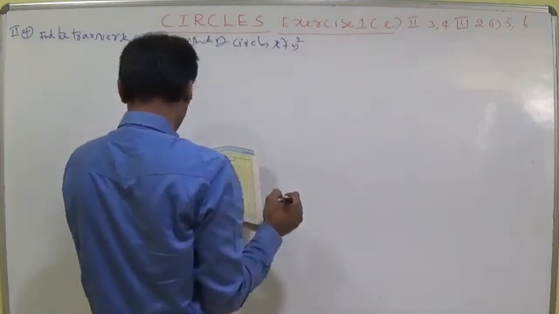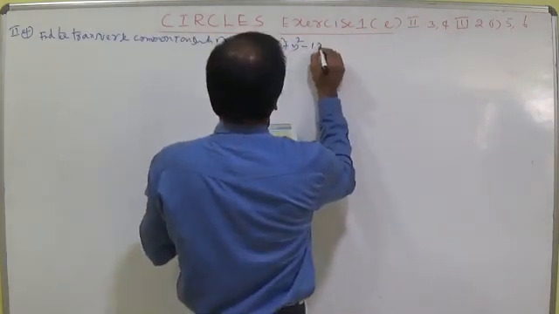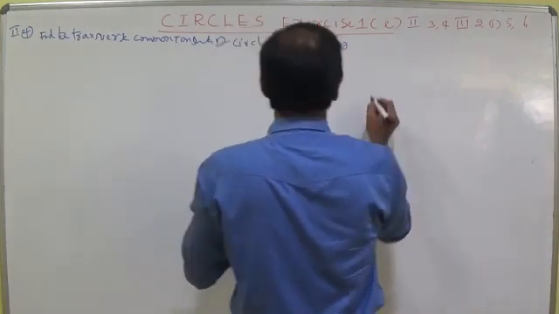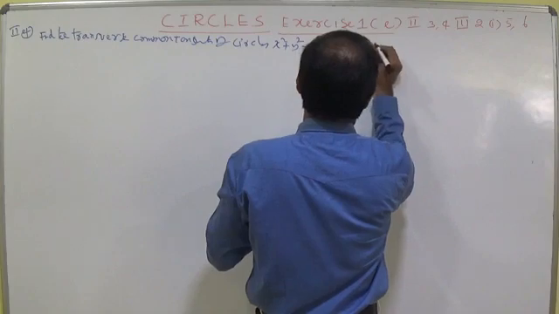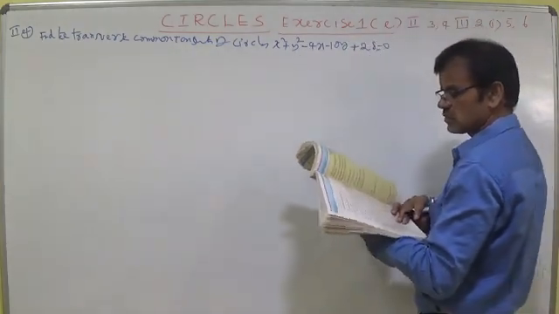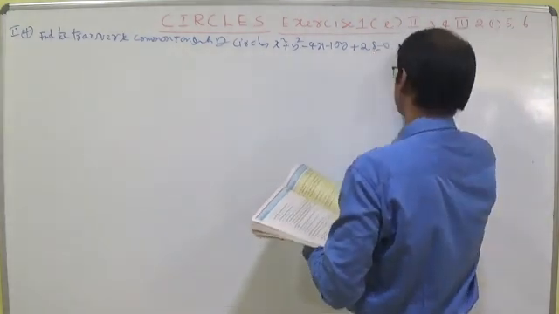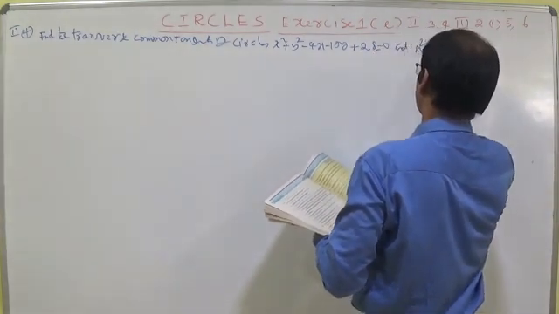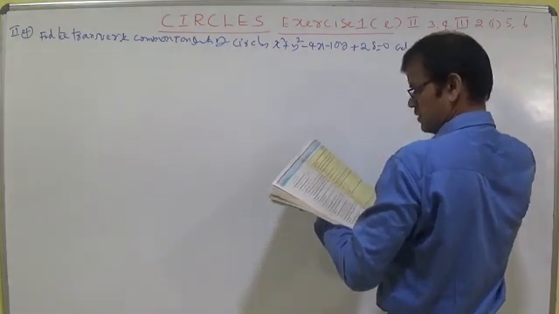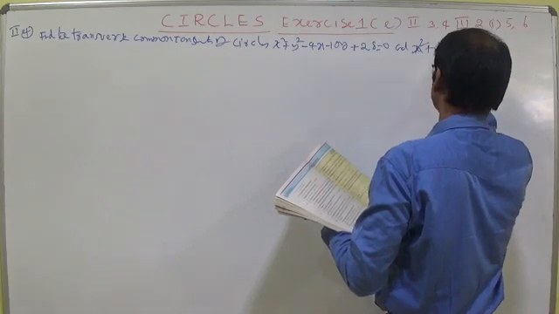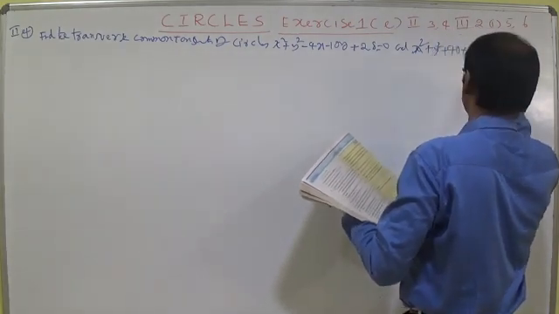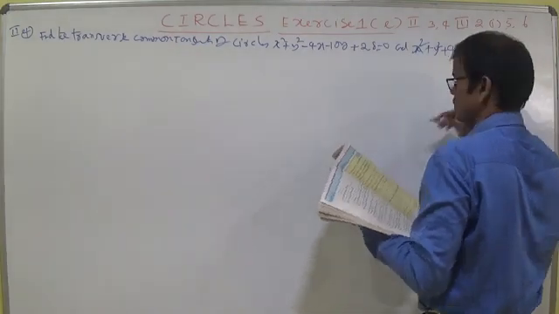Find the equations of transverse common tangents of the circles x square plus y square minus 4x minus 10y plus 28 equal to 0 and x square plus y square plus 4x minus 6y plus 4 equal to 0.